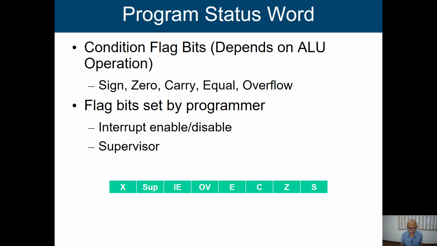So this is a sign bit, zero flag, carry flag, equal flag, and this is the overflow flag. So I can say that these are the flags which are set or reset by the result of ALU operation. Programmer cannot set these. Now similarly, two more flags which I am talking about here. One is your interrupt enable/disable bit, and the second one is supervisor mode. So these are the bits that the programmer can set.